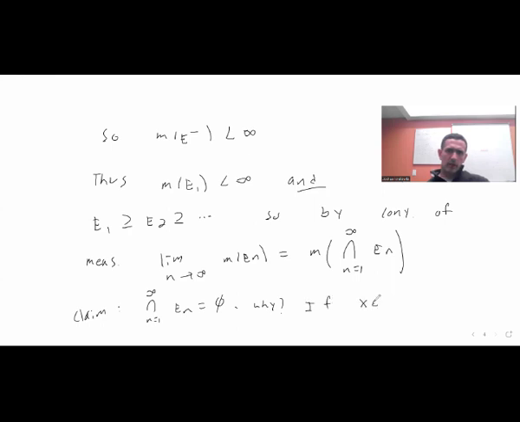If X is in this intersection, and I'll leave some 511 details for you to do. So first of all, if X is in this intersection, that's an E prime.